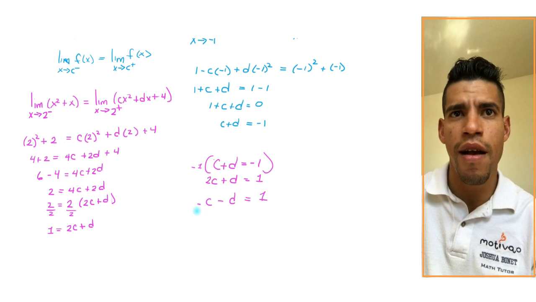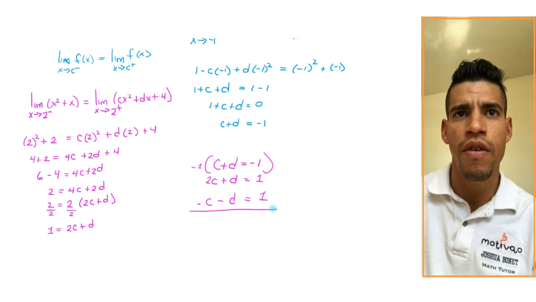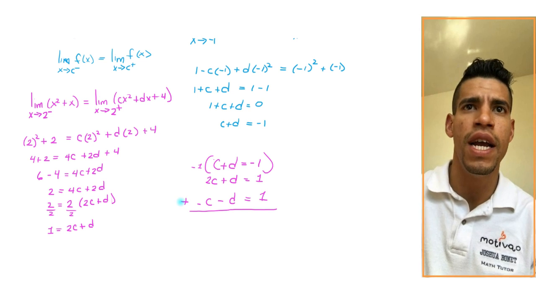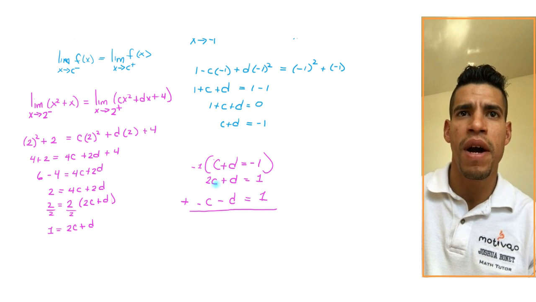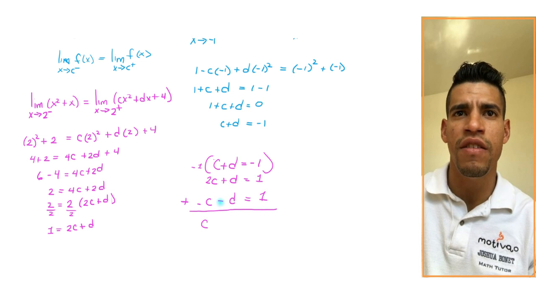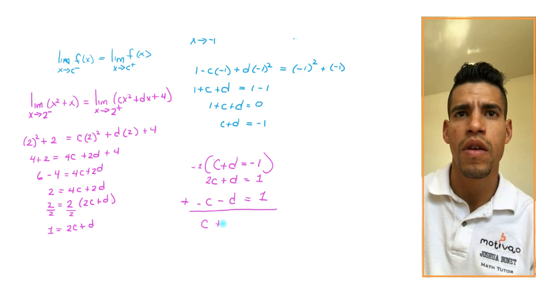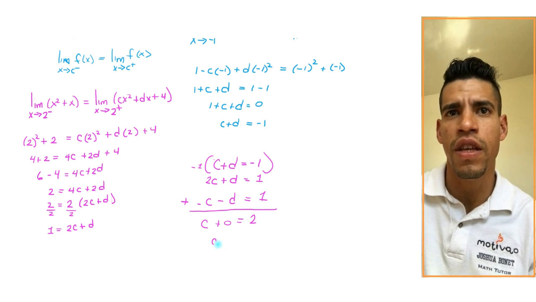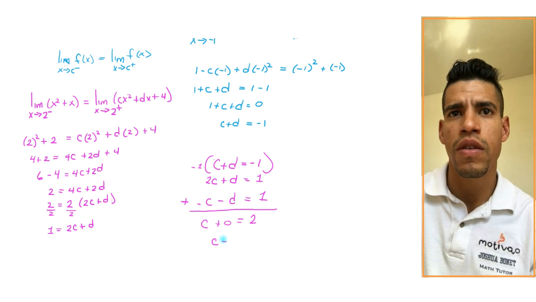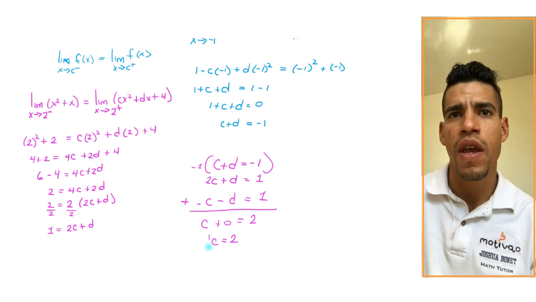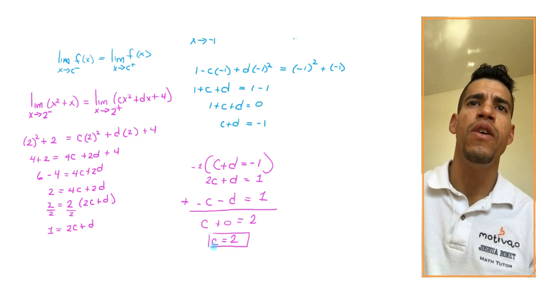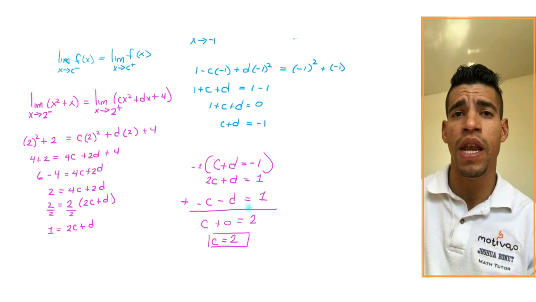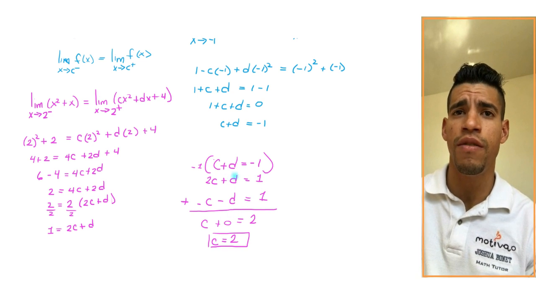Okay? And now I'm going to add these two together, right? So 2c minus c is c. d minus d is 0. And then 1 plus 1 is 2. Therefore, c is equal to 2. And now you can substitute 2 in either of the two equations to find d.